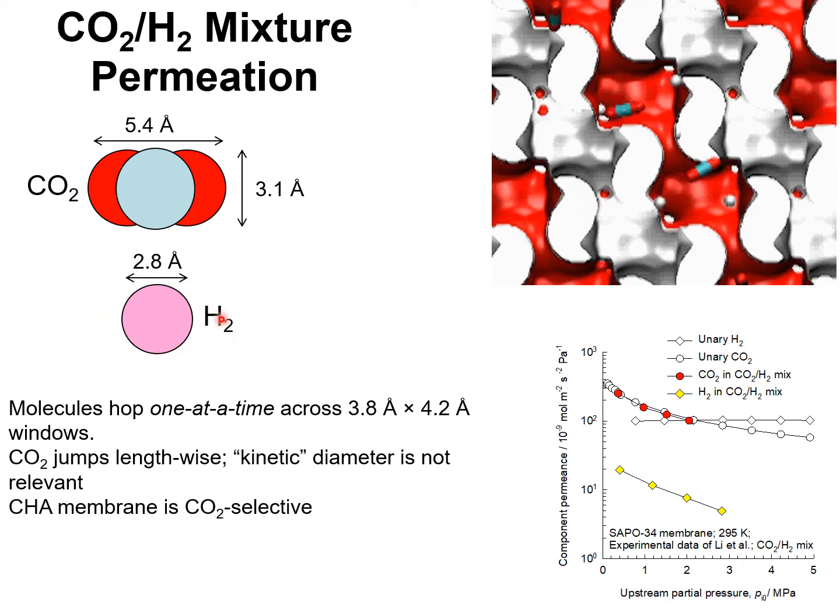Hydrogen is a much smaller molecule and undergoes intercage hopping much more frequently than carbon dioxide, as is evident in the animations shown here that are constructed on the basis of molecular dynamic simulations. The white spheres, hydrogen, very mobile, is able to jump from one cage to the adjacent cage much more easily than carbon dioxide.